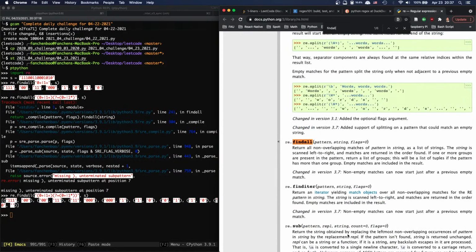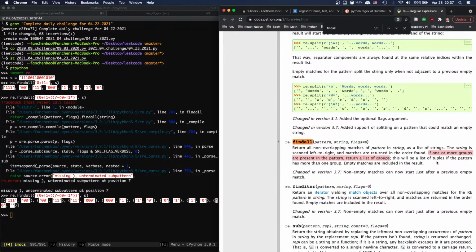Let's find findall. Okay. All non-overlapping matches of pattern, as a list of strings. The string is scanned left to right and matches are returned in the order found. If one or more groups are present in the pattern, return a list of groups.